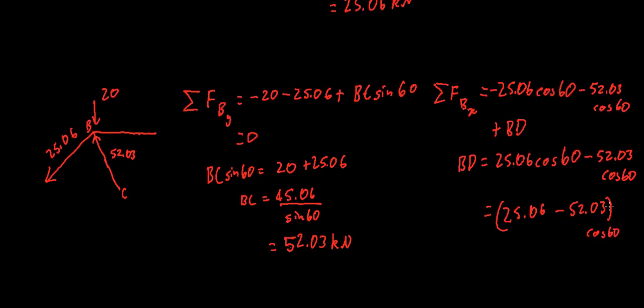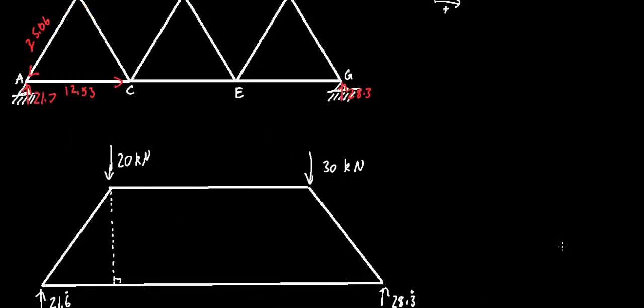So we have 25.06 minus 52.03 groups of cos 60. Just type this up. 25.06 minus 52.03 cos 60. This equals minus 13.485.